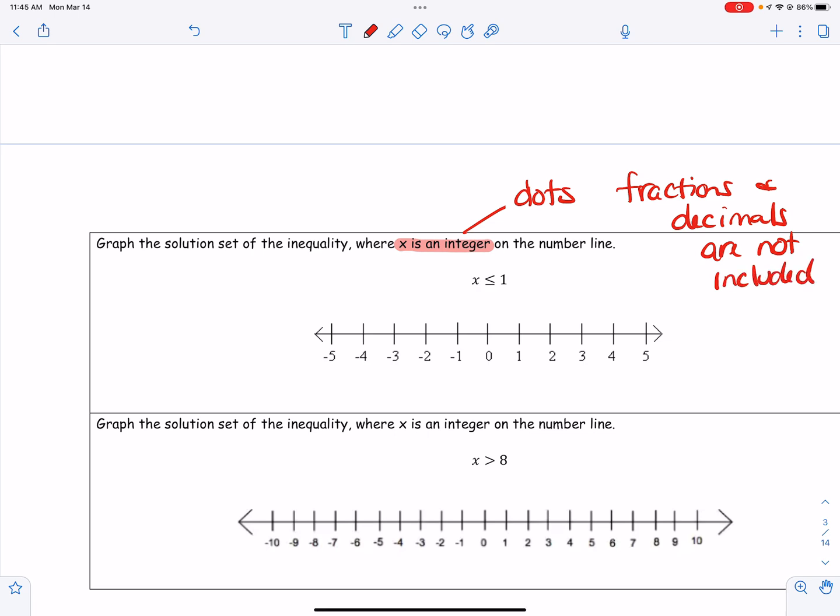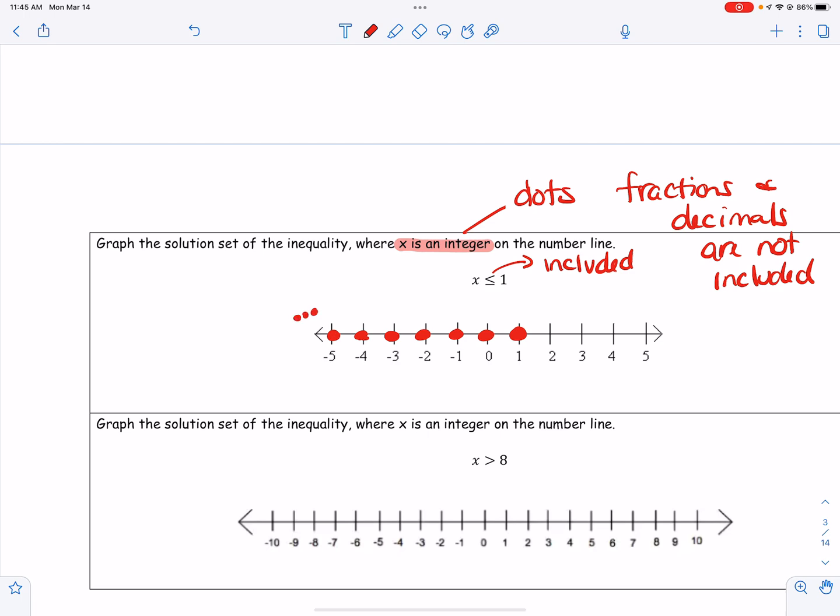The only numbers that can be marked on the number line are the actual numbers that you see. So when it says x is less than or equal to 1 and it's an integer, this means that 1 is included and there will be a dot on positive 1, and then a dot on every number to the left of it.